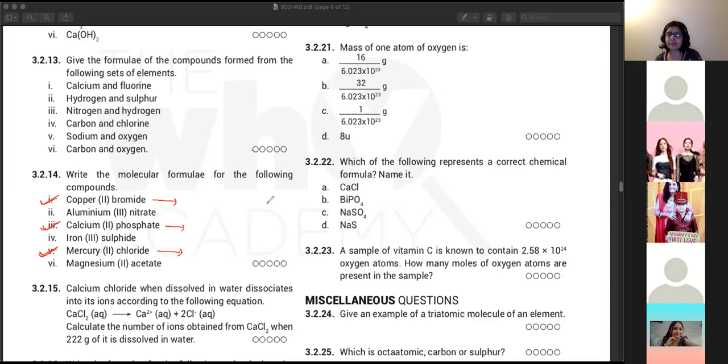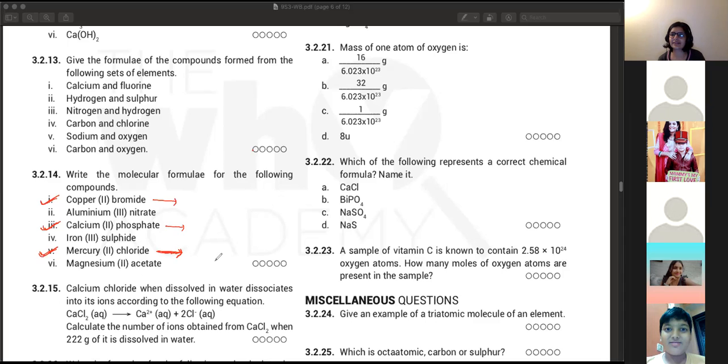Also, this may be very simple, but whole of your 10th standard, it will basically depend on knowing how to figure this out, because then you'll have to start doing equations, और उसके लिए you need to remember the valencies and the names and symbols.